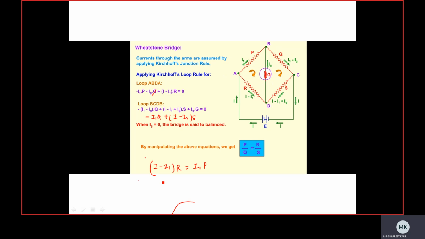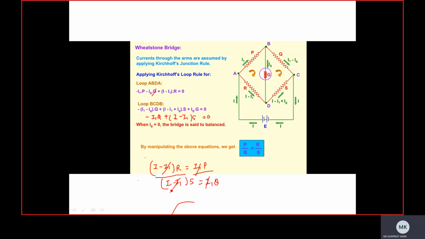From the second loop, what you will get is I minus I1 into S equals I1Q. Now when these two equations are divided, I1 will cancel with I1 and I minus I1 will cancel with I minus I1.